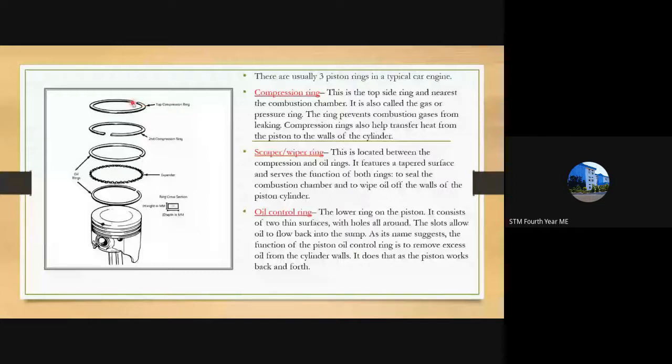This is to prevent the fuel or air-fuel mixture from escaping past the rings to the crankcase. So it will be trapped here, and we will get the desired power at the piston.